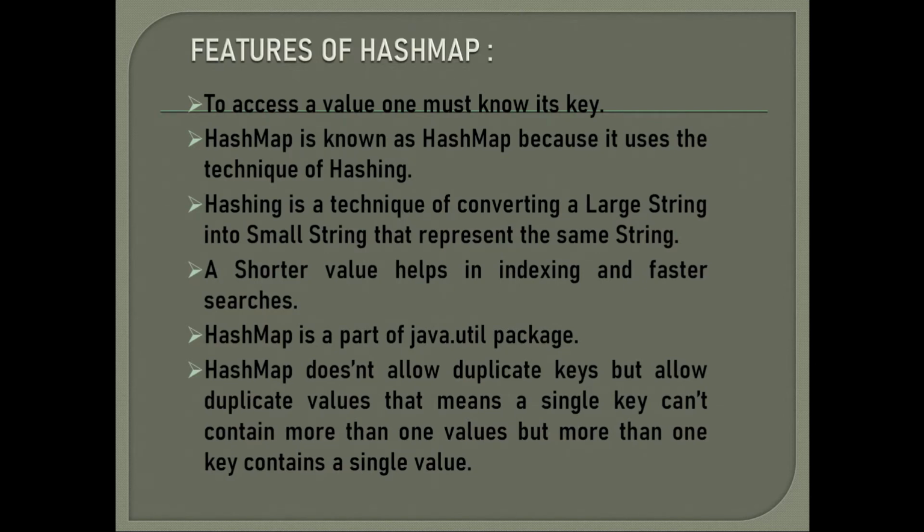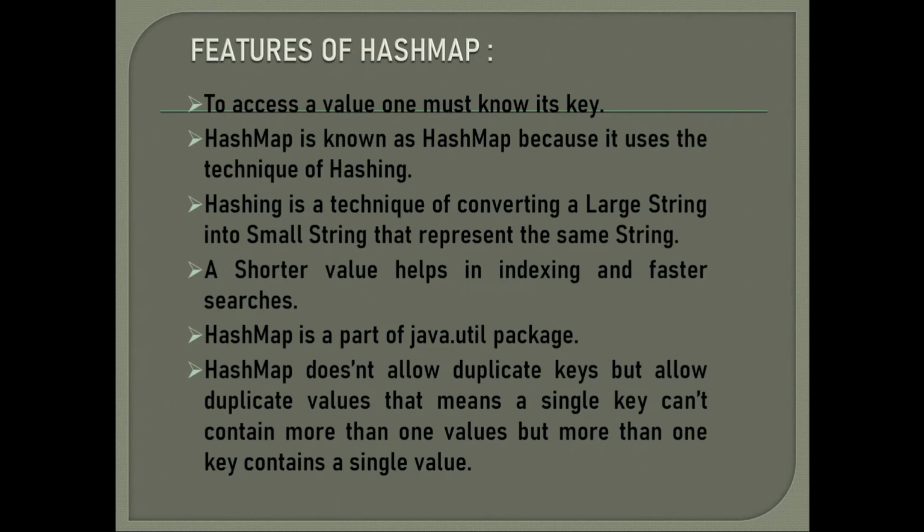HashMap is a part of the java.util package. Java contains many types of packages, but if we want to use HashMap in our program, then we have to import the java.util package. HashMap does not allow duplicate keys but allows duplicate values. It means that if we are using a HashMap in a program, we cannot use duplicate keys.